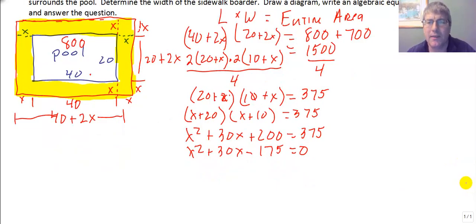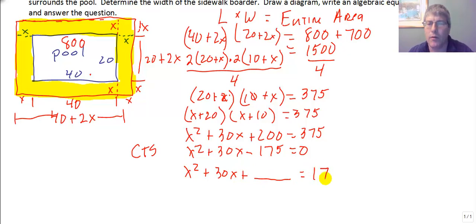Now, this is probably factorable, but I'm going to go ahead and solve this by completing the square. So I get x squared plus 30x plus my blank equals a positive 175. And this becomes 1/2 of 30. So 30 times 1/2. So that goes up here.